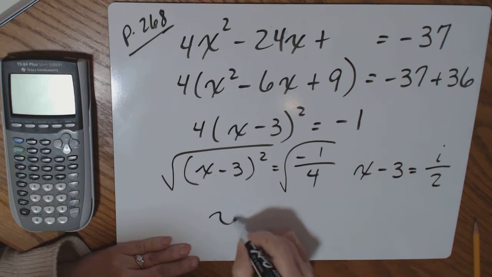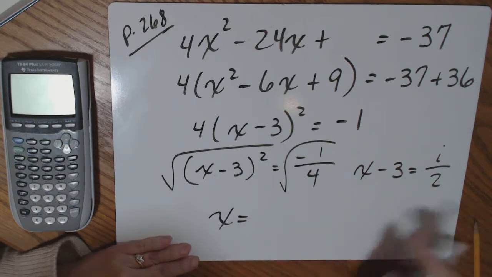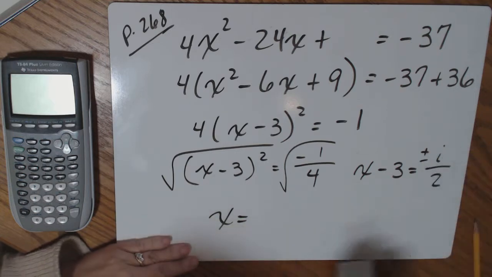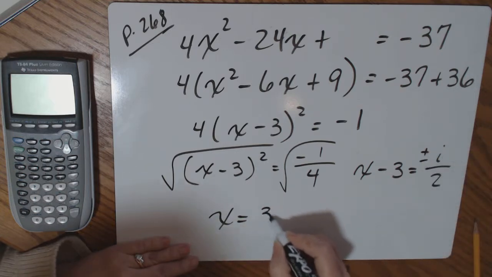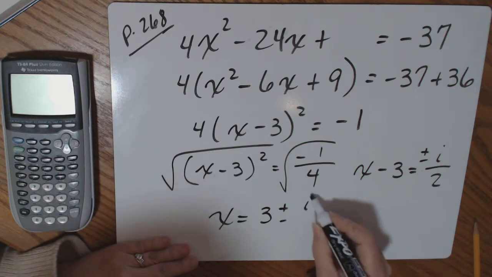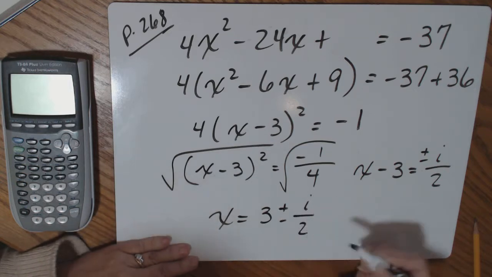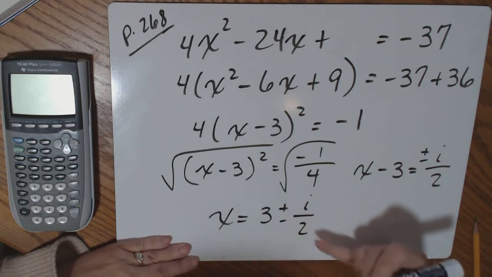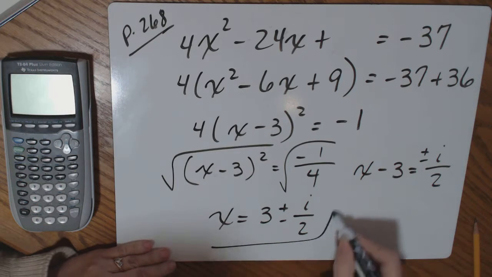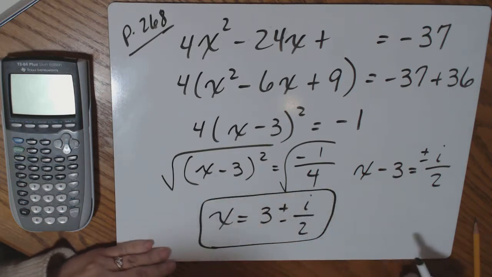So my final answer, when I add 3 over, and I should have said plus or minus, is 3 plus or minus i over 2. Or another way of writing it would be plus or minus 1/2 i. There are different versions of this, but I kind of like this as the simplest form.